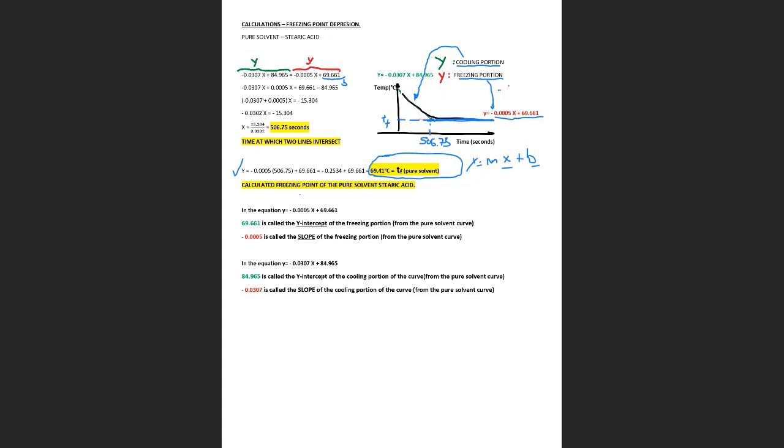In our case, it is minus 0.0005. This is the m. And the same for the other equation, for the cooling portion. They will ask you all that information. Any questions on where to get that, the y-intercept or the slope?